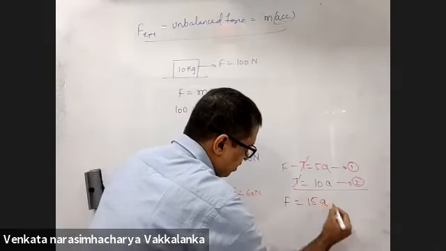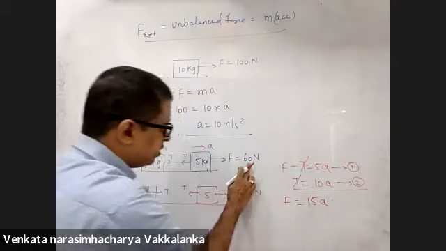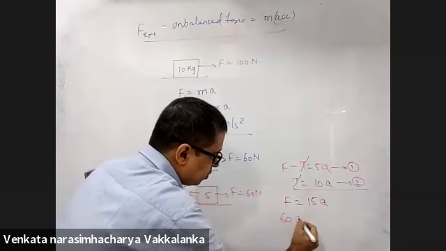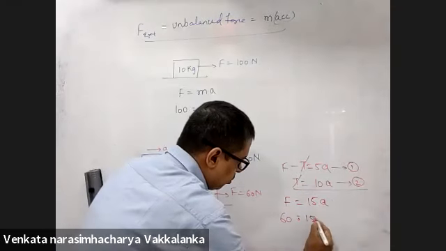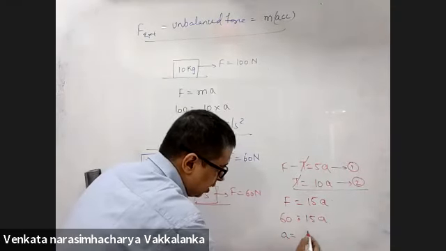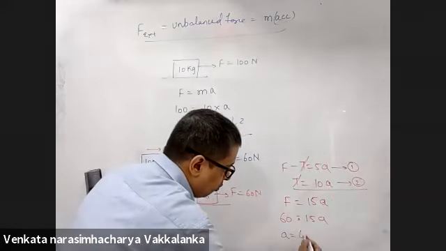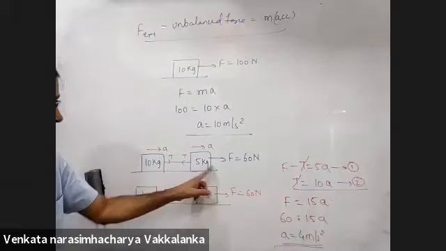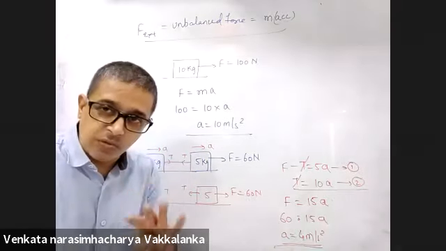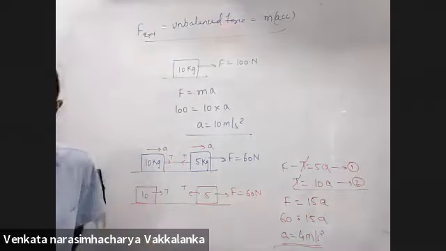This is 15A. How much is the force given? 60. So 60 is equal to 15 times A. A is 4 meter per second square. Acceleration of both the blocks is 4 meter per second square.